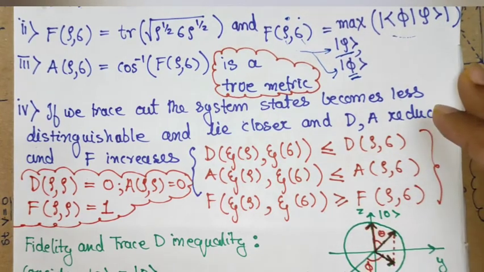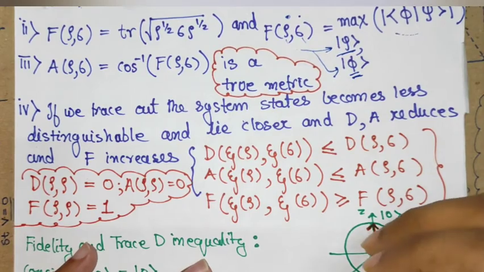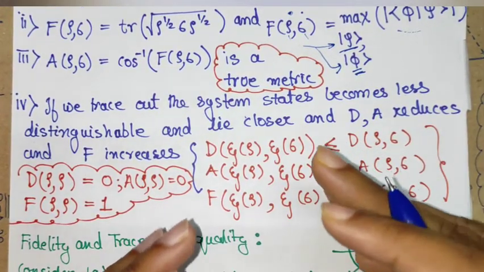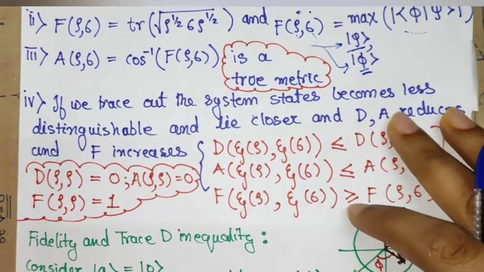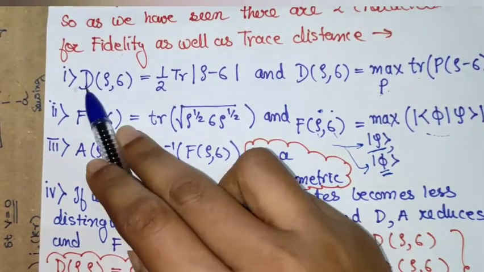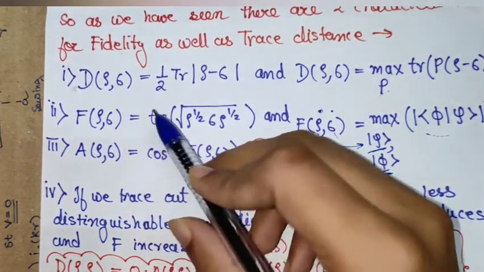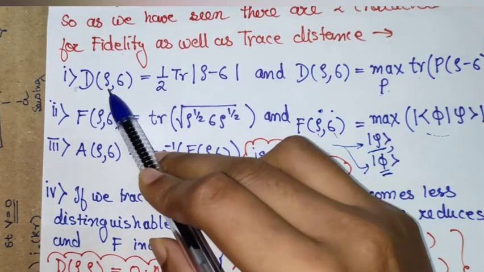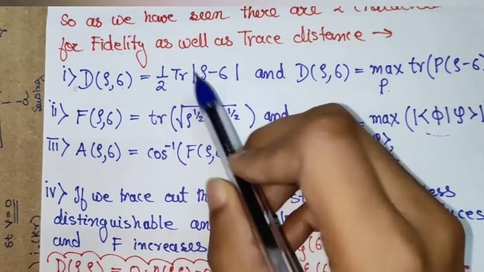So it makes sense to say that tracing out makes the states come closer, or makes them less distinguishable. Here you can see that as per the trace distance, if we have completely indistinguishable systems, that is sigma equal to rho, we should have d equal to 0.